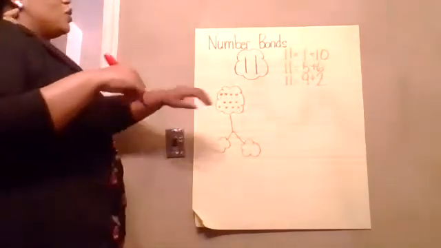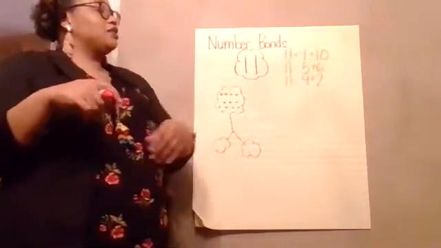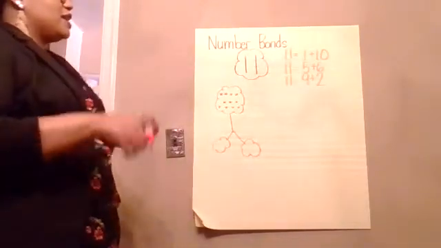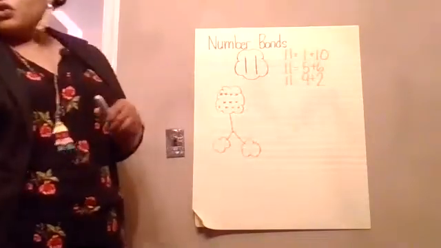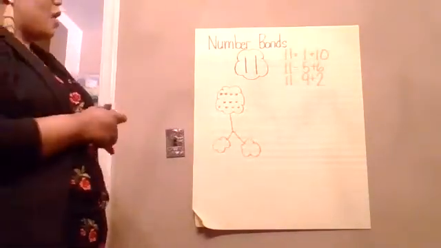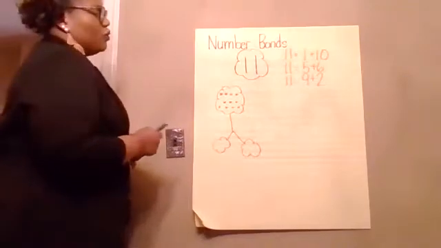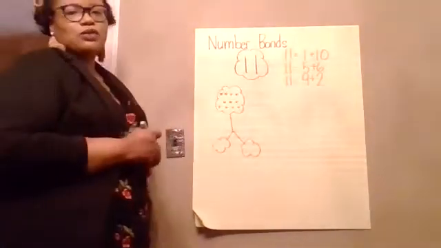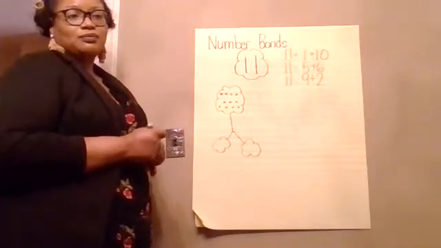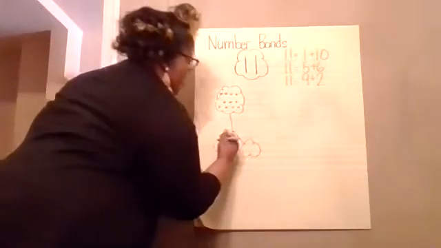All right? So according to our addition problem, it says that 11 is equal to 1 plus 10. So the 1 is going to be our first part. So if 1 is our first part, how many dots will I draw in the first part? 1 is correct.